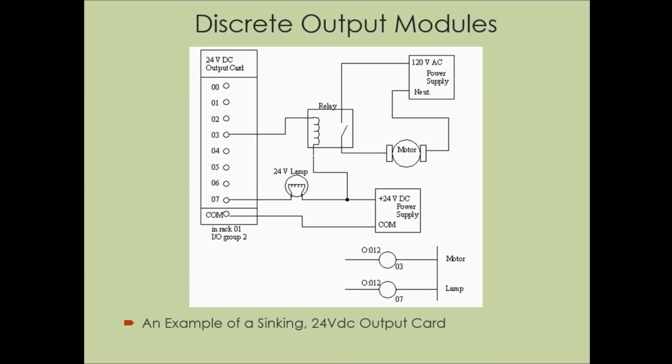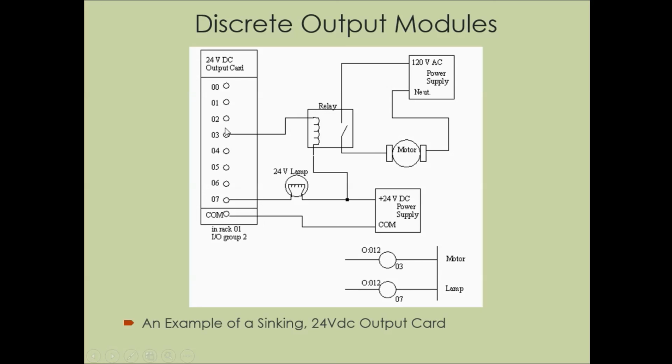Here is a discrete output module. You can see we have the 24 volt DC output card, and here we have an output being a motor. In this situation, this relay has 24 volts sitting here, and this output card has the common.